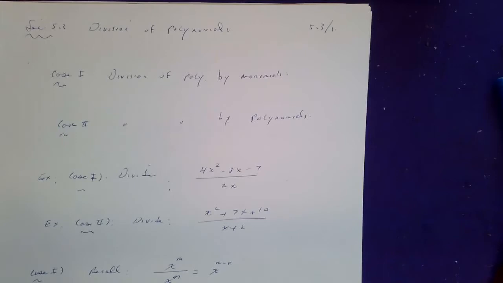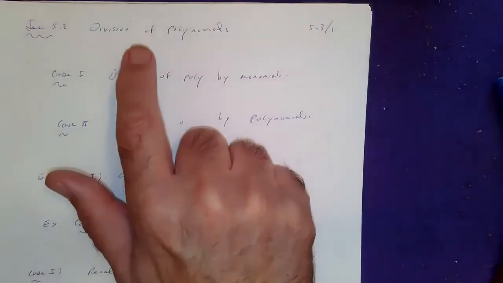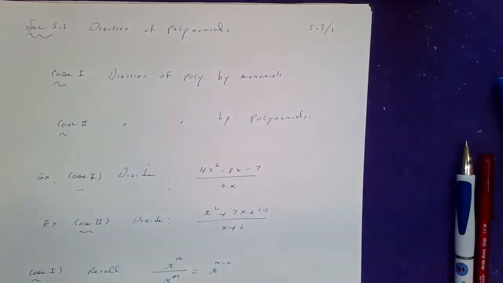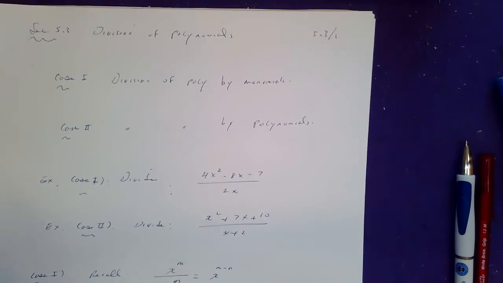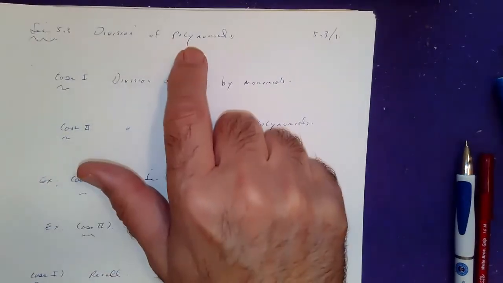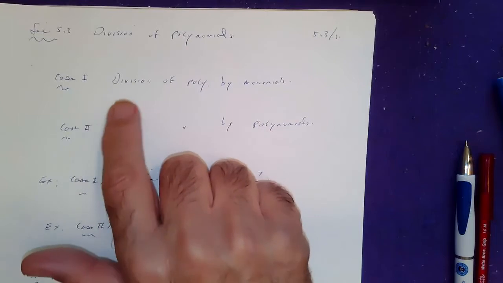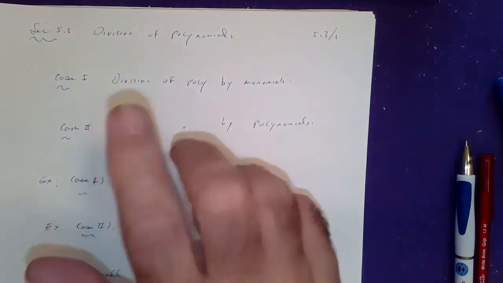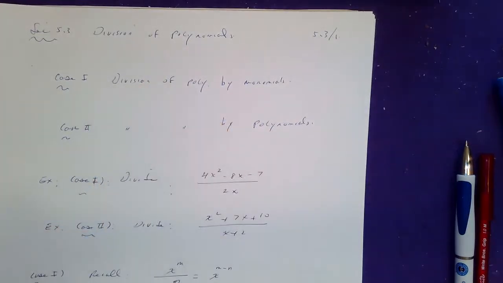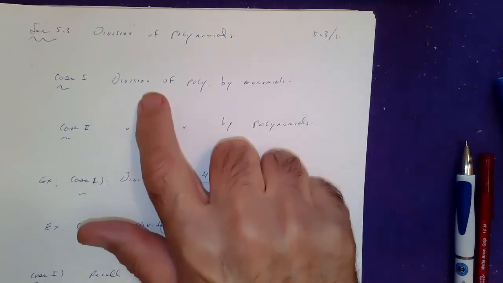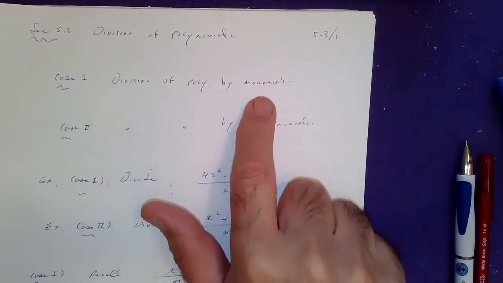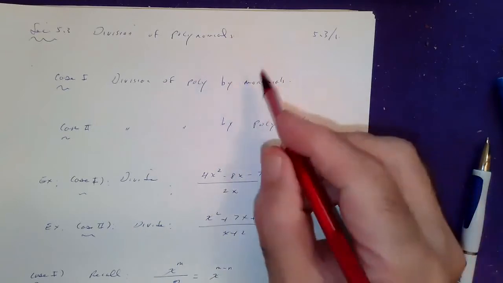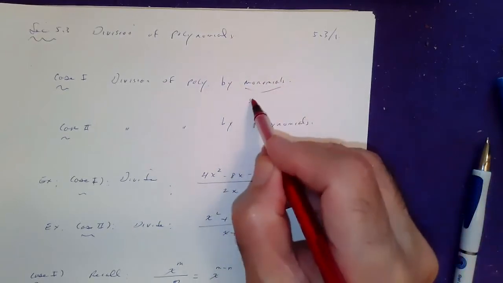Section 5.3, now that we know how to add, subtract, and multiply polynomials, it's time to learn how to divide them. When it comes to division, there are two types of problems I should know how to handle. One of them is division of polynomials by monomials, so the divisor will be a single term.